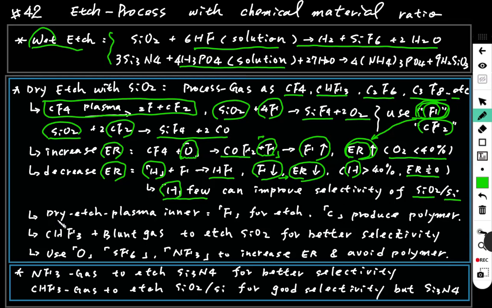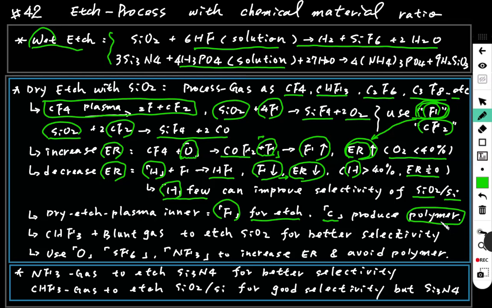We can see that in the dry etch plasma, the F is for etching silicon oxide, and the C produces polymer. The polymer is rubbish we don't want to have, but in some special cases we have to produce some polymer for some specific purpose.